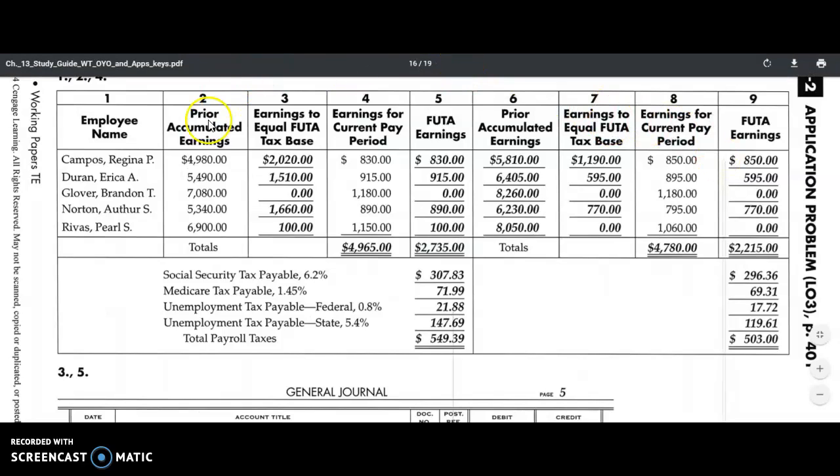So the prior accumulated earnings will go in column 2. The 15th payroll total earnings will go in column 4, and then the current earnings for the end of the month will go in column 8.